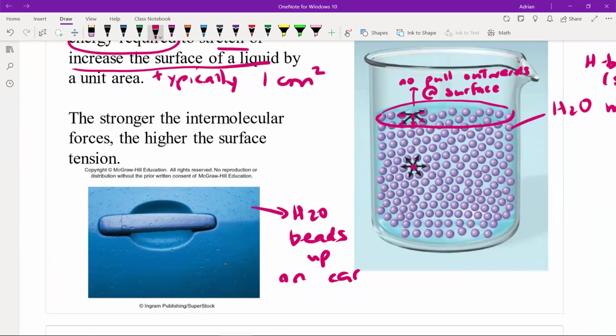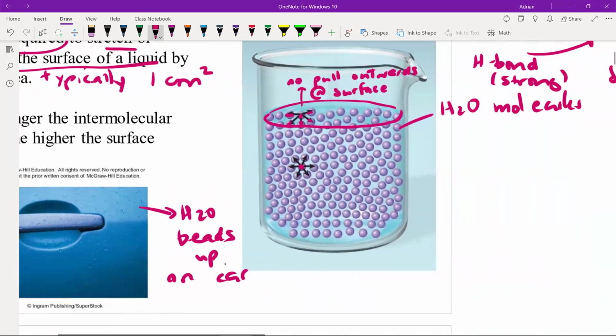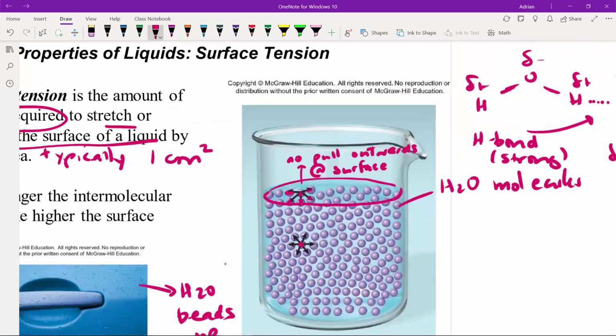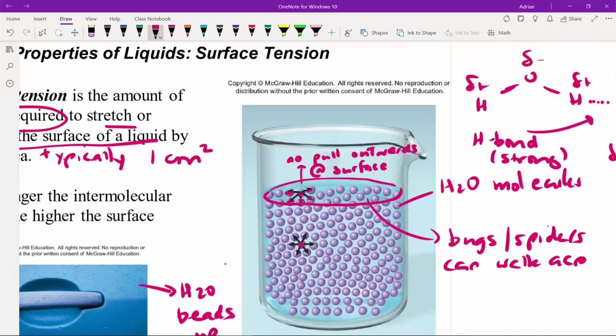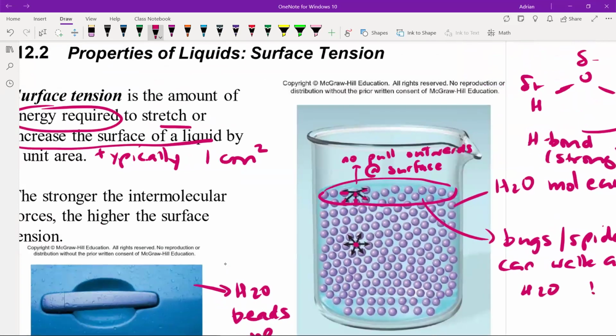The other effect of this, and you probably have seen this as well, is that sometimes you can actually see bugs like maybe spiders walk across the water. And that is a result of the very high surface tension of H2O.